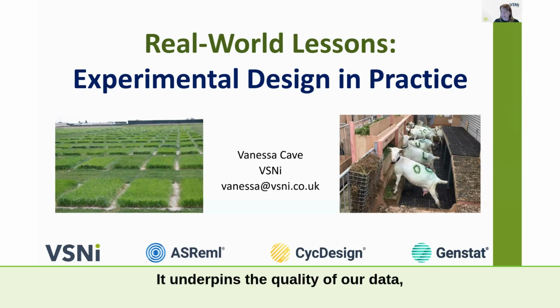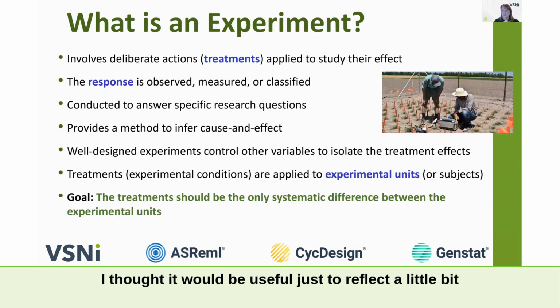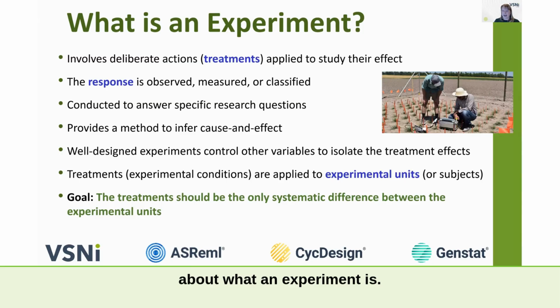It underpins the quality of our data, the validity of our conclusions, and the strength of the knowledge that we gain. So before I get really into it, I thought it'd be useful just to reflect a little bit about what an experiment actually is. At its core, an experiment involves a deliberate action, commonly called a treatment, that we apply to study its effect.